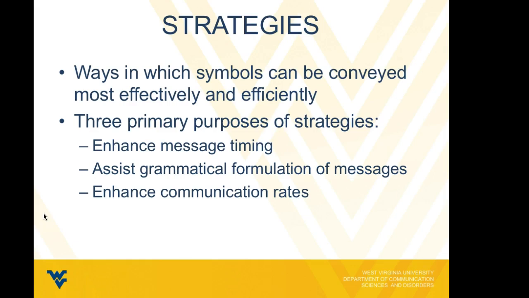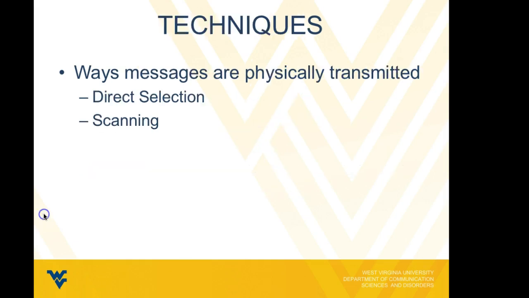Augmentative and alternative communication is inherently slower than verbal communication. So we often work with individuals to help them hold the communication floor or to pre-store messages that they might need at a later time, thereby enhancing their communication rates.